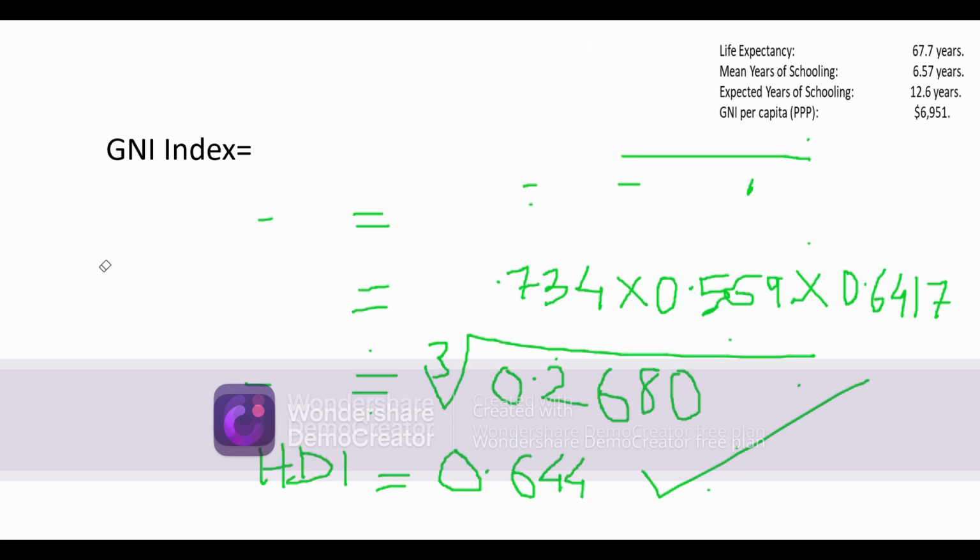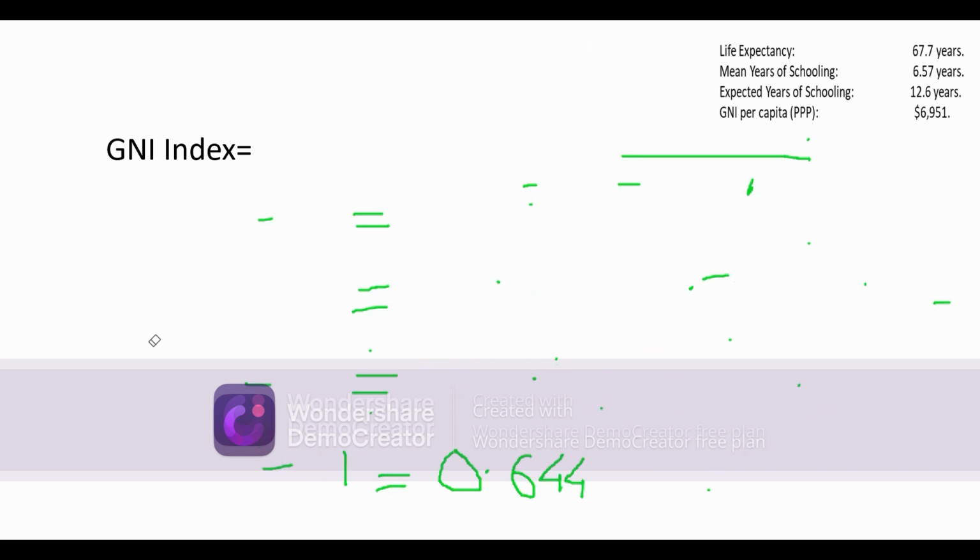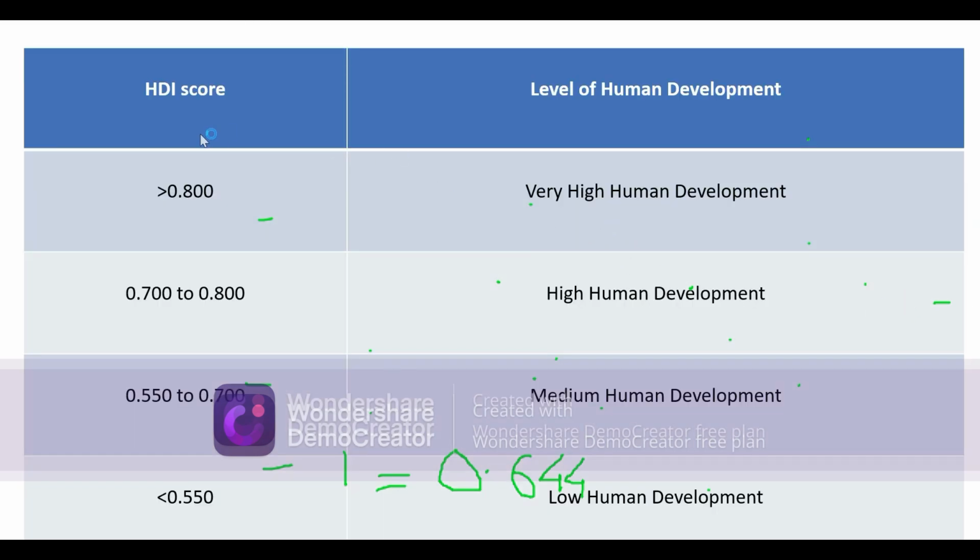Let me clean this. Okay, so this is the level of human development and the HDI score, and our HDI score was 0.644. So the score can be seen here.